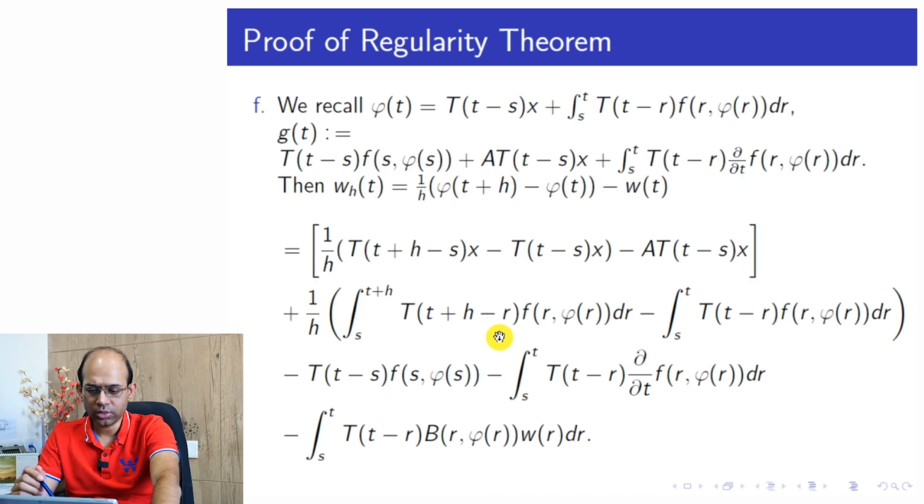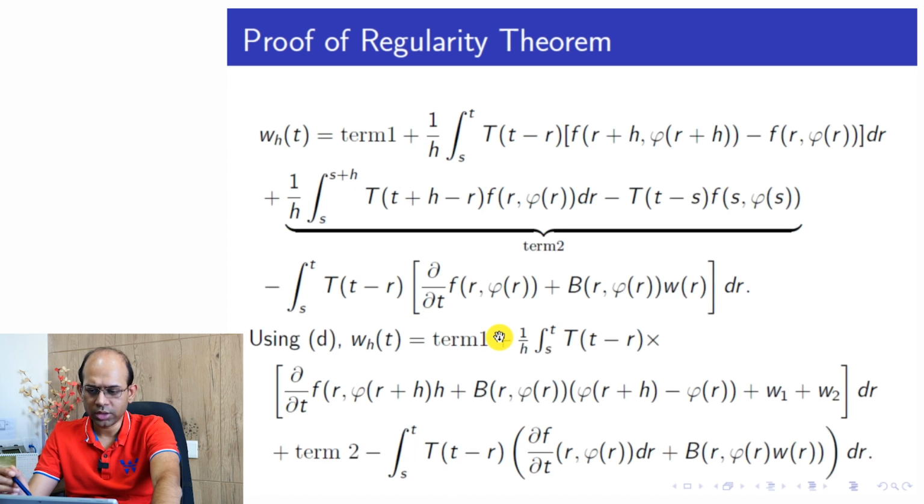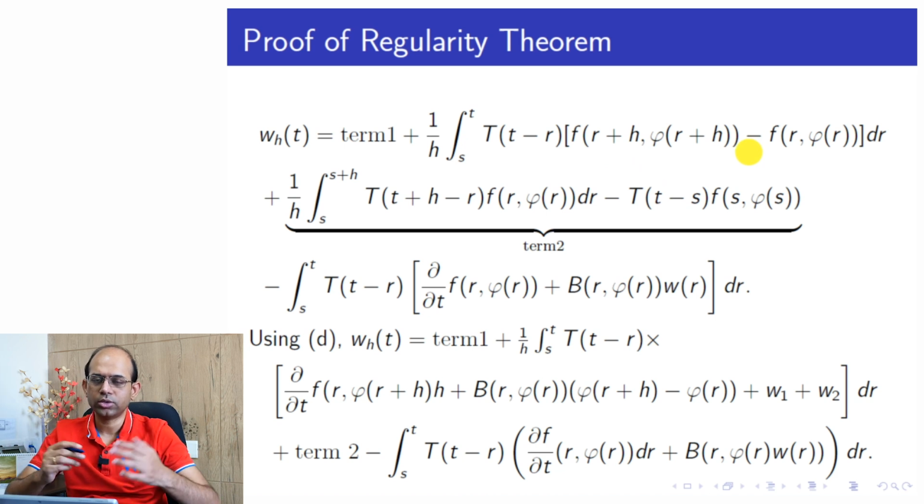So this thing we are going to use now. Why do we need to use this? Because we already have this term f of r plus h phi r plus h minus fr phi r. So here we are going to use bullet point D to write down this addition of the derivatives and the error terms.